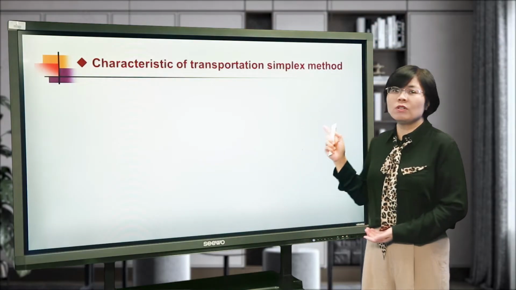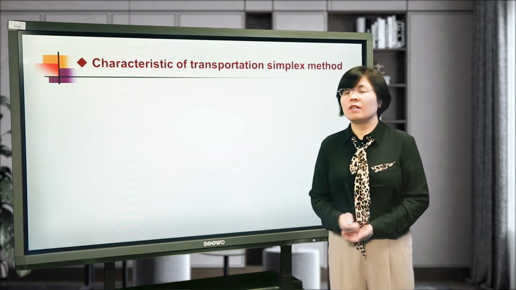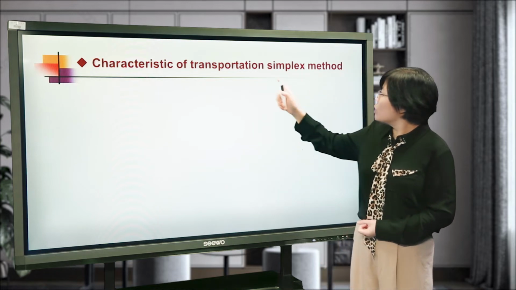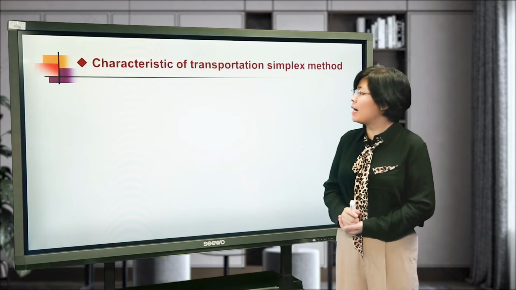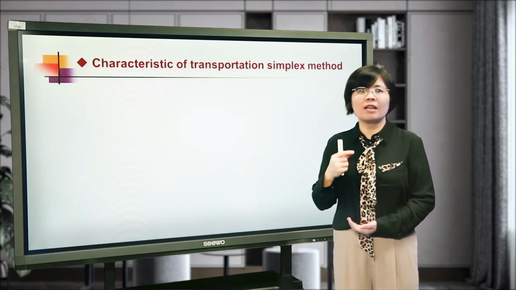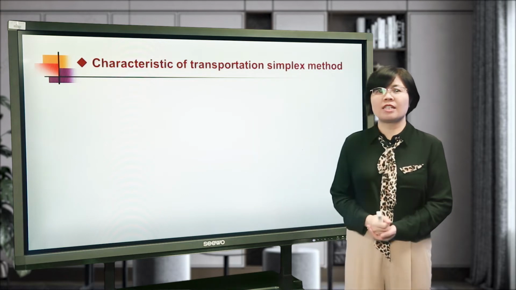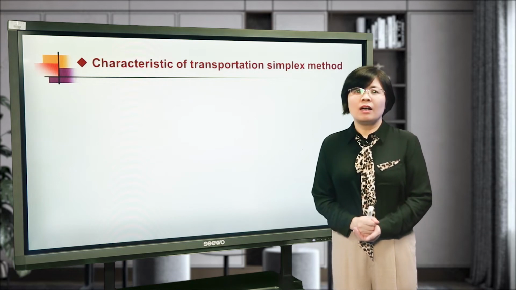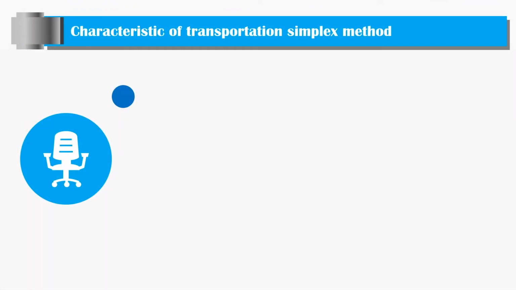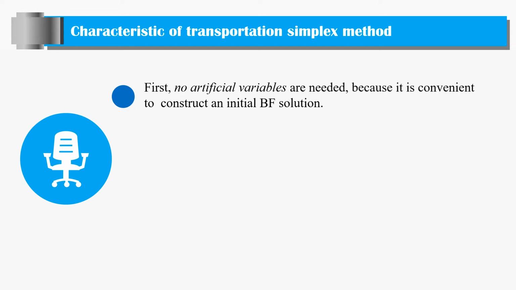I want to introduce the characteristics of the transportation simplex method first. First, no artificial variables are needed because it is convenient to construct an initial BF solution. I will tell you later.